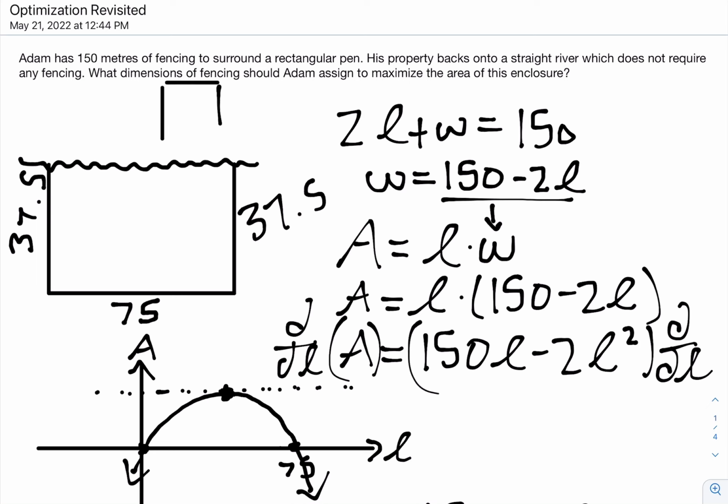The area of a square is always going to be the biggest, like its area is going to be maximized. In this case it's not a square because we have the river there. So this would be 5, this would be 5, if we only had 20 meters of fencing, those are the dimensions that we'd use. But in this case, it's a bit different with the river.